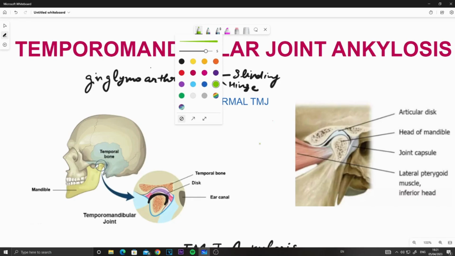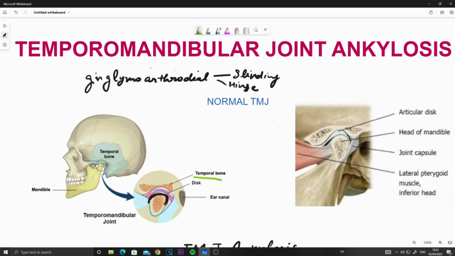With the glenoid fossa and the articular eminence on the under surface of the temporal squama. Now this is the glenoid fossa. This is referred to as the temporal squama. This is the glenoid fossa, this fossa.